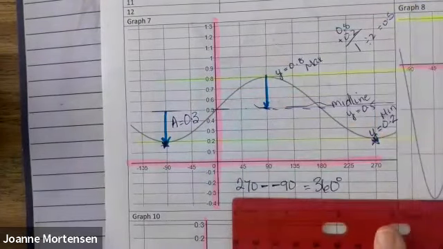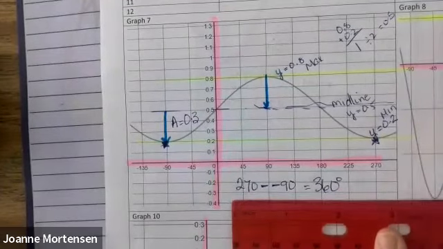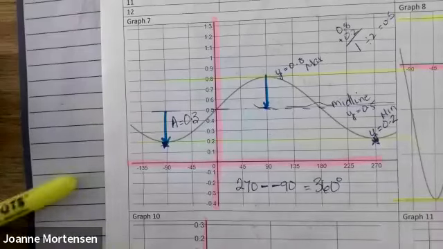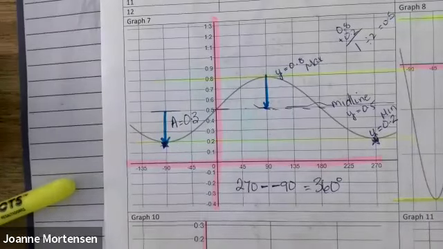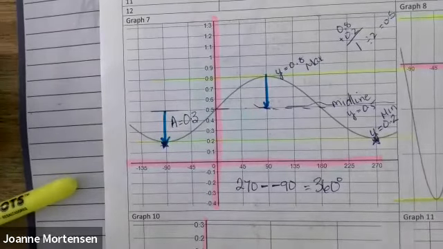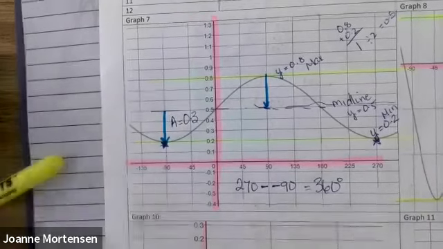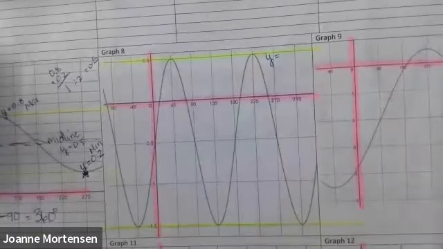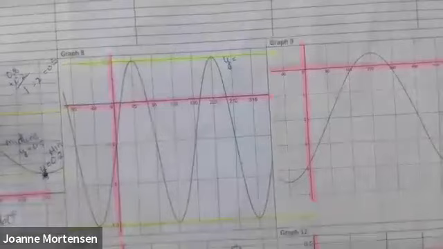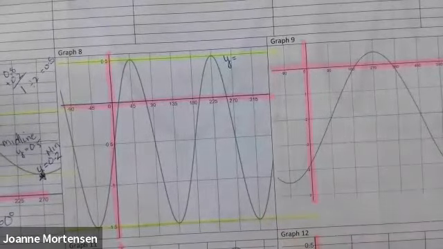Okay, there's my max, there's my minimum. Okay. So, Colleen, what's my maximum on graph 8? Y is equal to, oh, thank you. Graph 8. How high does it go? What's my maximum? Nice.